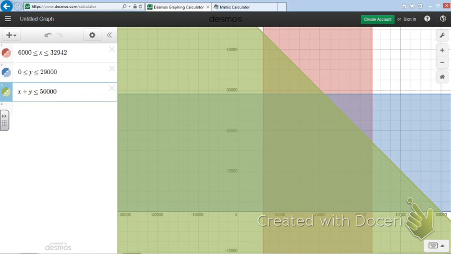Alright, so I put in my constraints, and you actually have to zoom out a fair bit so that you can see everything.